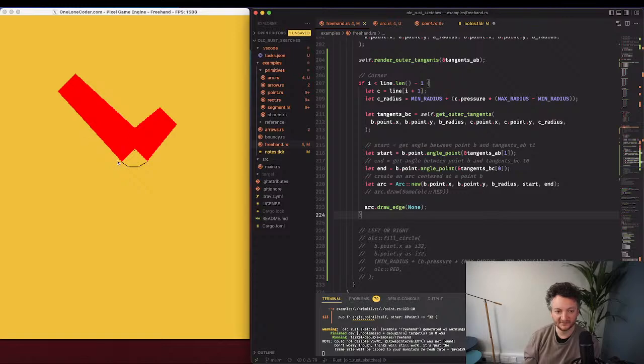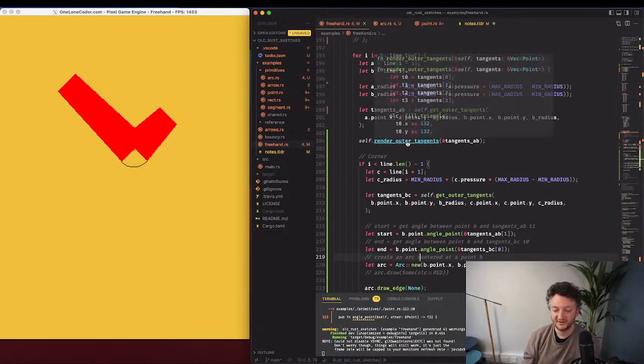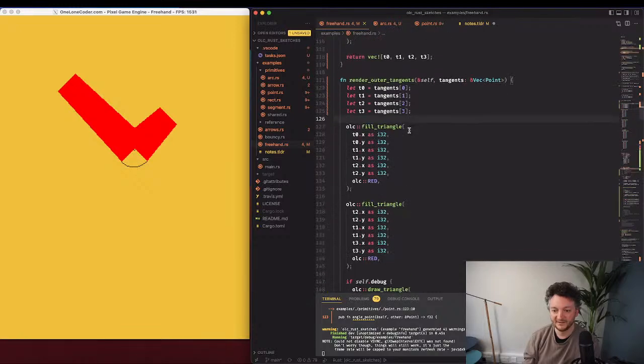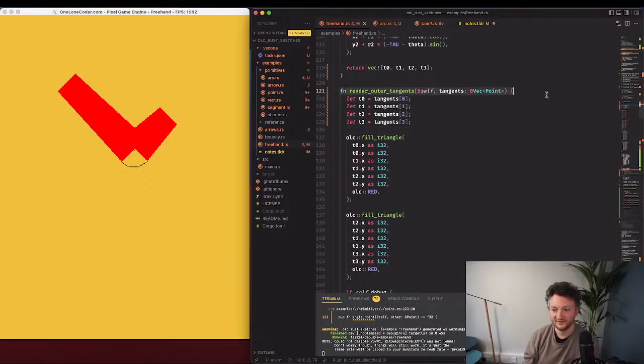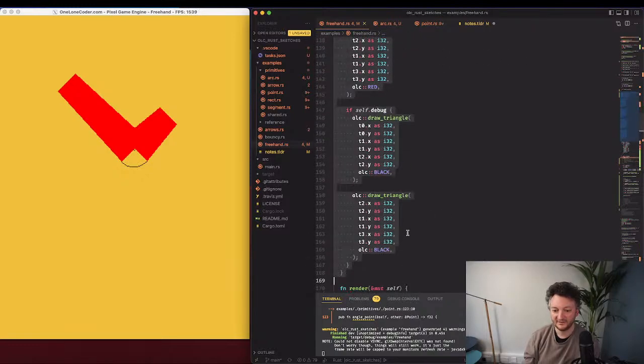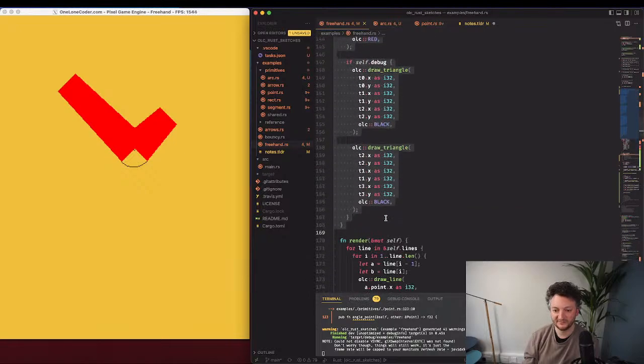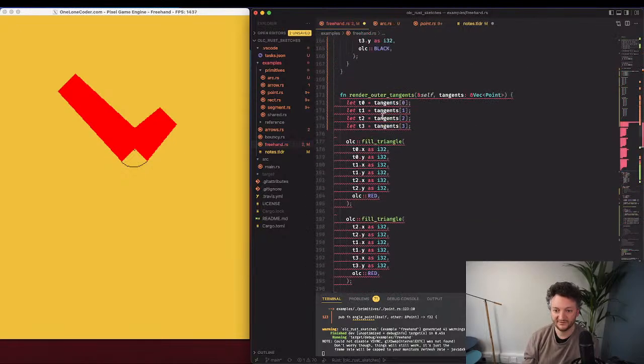We're looking to ultimately stroke it, and those are both hard problems, but they're separate problems. Let's do this. I'll show you what I mean. Let's do render outer tangent edges.